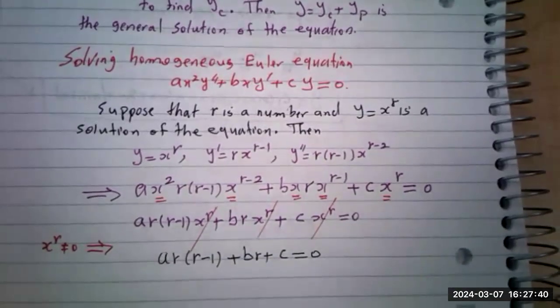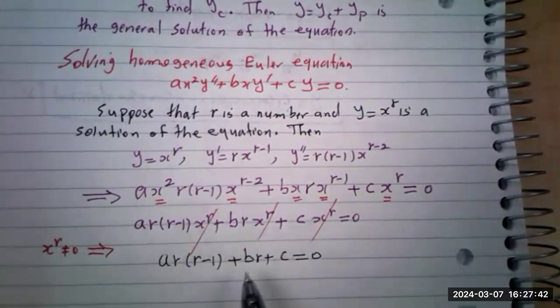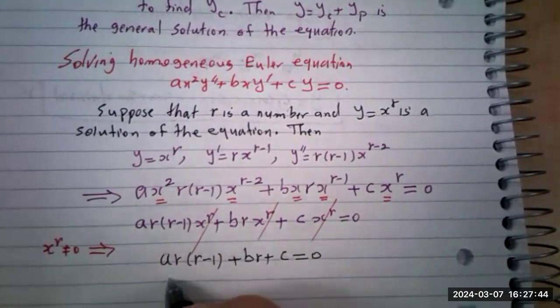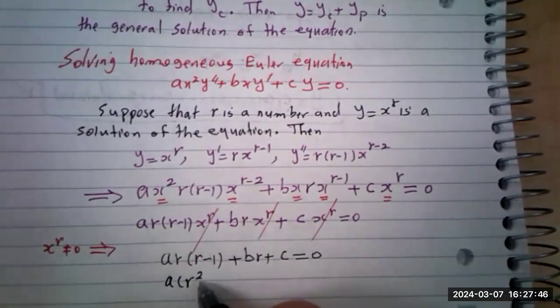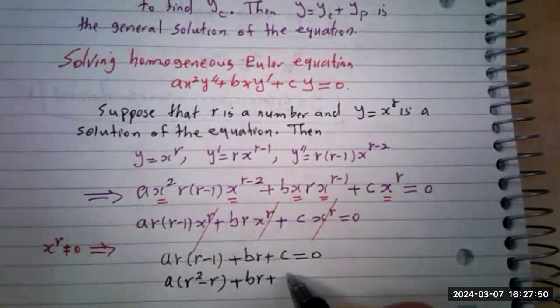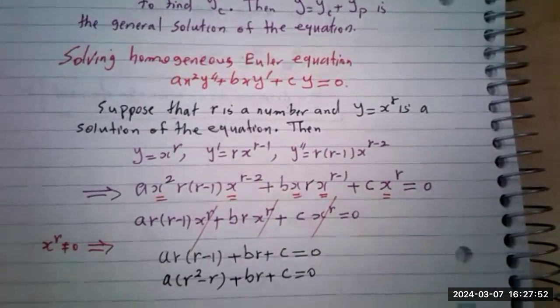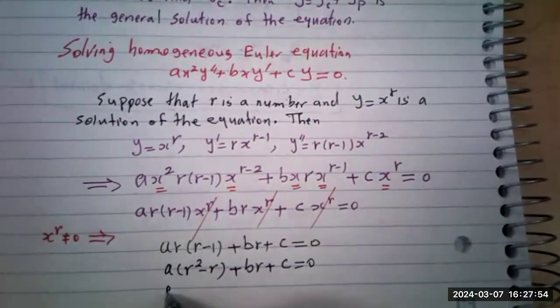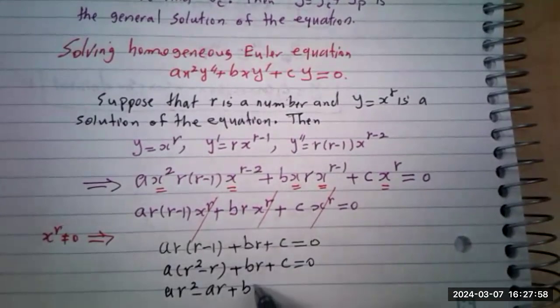So multiply the r inside, so that gives you a times r squared minus r, plus b r, plus c equal to 0. Continue. So that gives you a r squared minus a r plus b r plus c equal to 0.